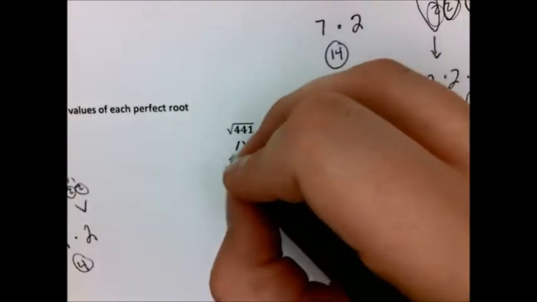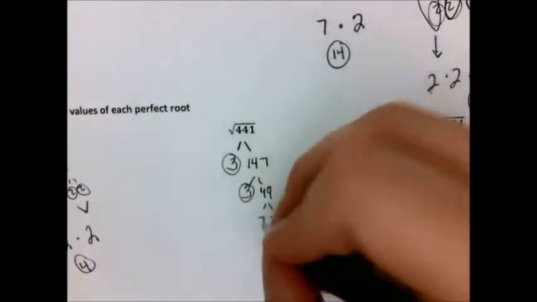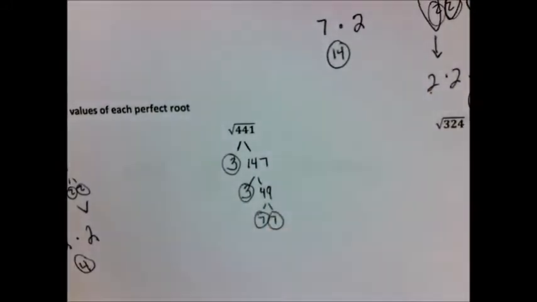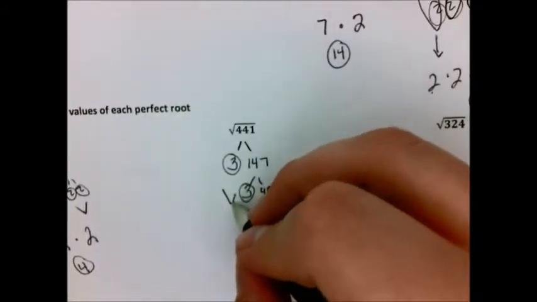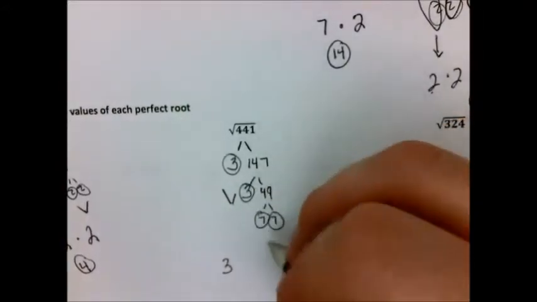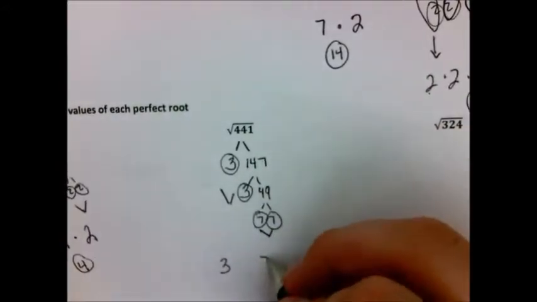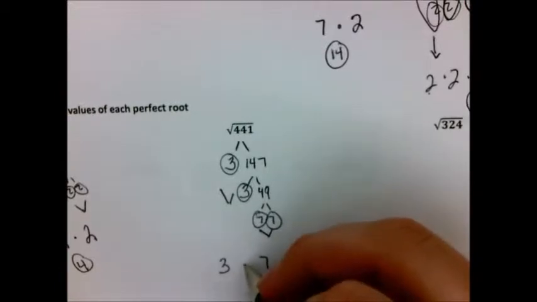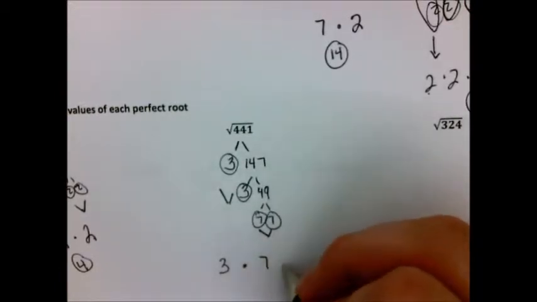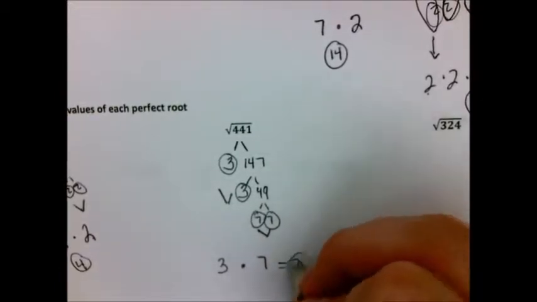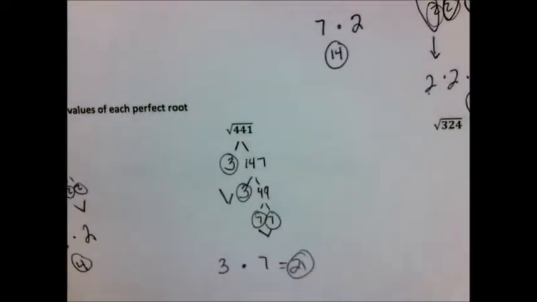Alright, so we've got this number that's the end, this number, and this number. So these got to come out in pairs. So we have a pair of 3s that are going to come out, so we're going to have 3. We have a pair of 7s that are going to come out, it's going to be 7. And we're going to multiply them together, so 3 times 7 equals 21. The square root of 441 is 21. Give you a second to write that down.